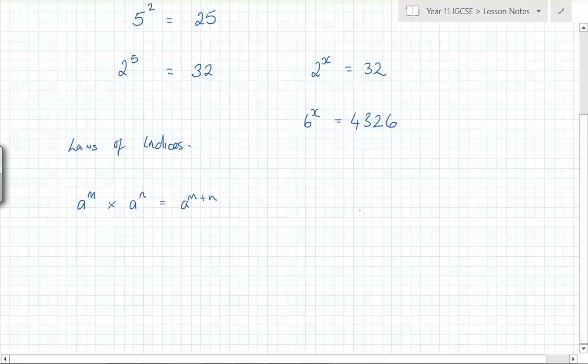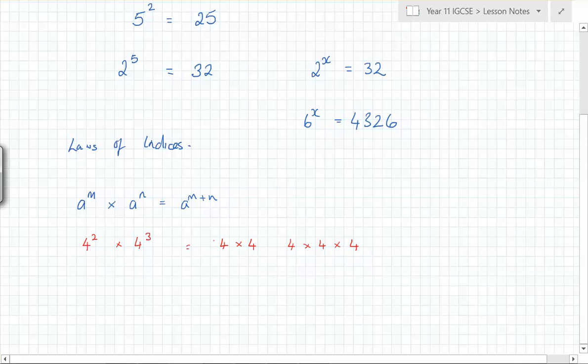Well, let's say, for instance, we have 4 to the power of 2 times 4 to the power of 3. If I write that out, I have 4 to the power of 2 is 4 times 4. 4 to the power of 3 is 4 times 4 times 4.